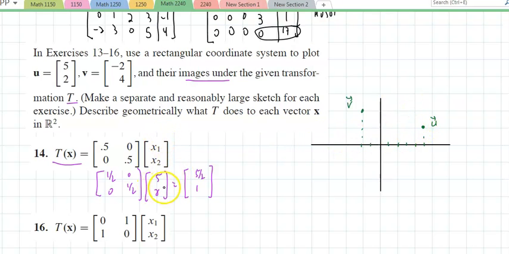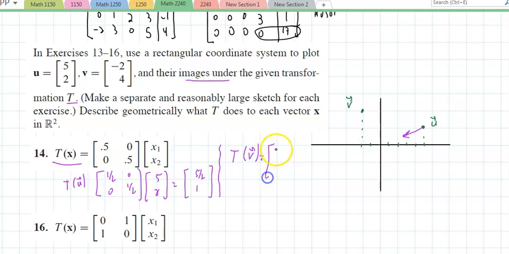It'll take u and map it into 2.5, 1. And what does that do to v? I forgot to write that, T of u.